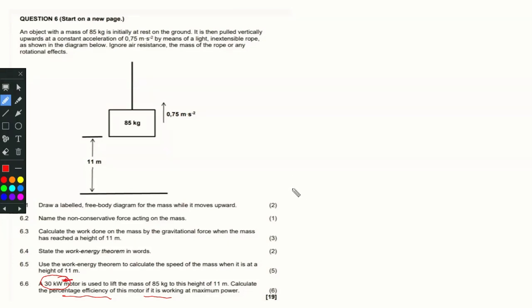Now, our formulas for power are W over delta T, or P equals F V average. Normally I prefer the latter if we are given the average velocity, but nothing is being said about the velocities here, except that we did calculate the velocity, so maybe that might also work as well. But let's try it with this one.